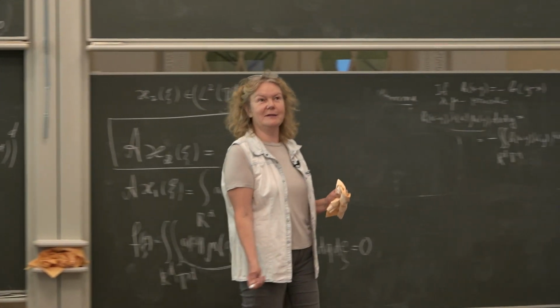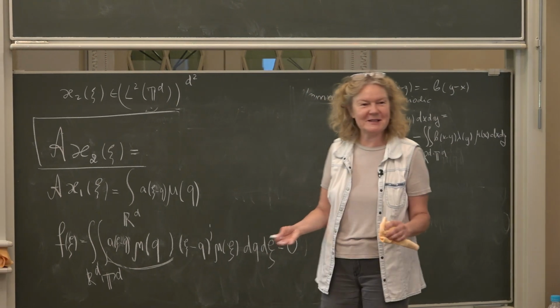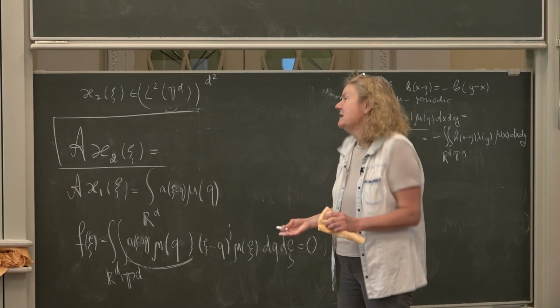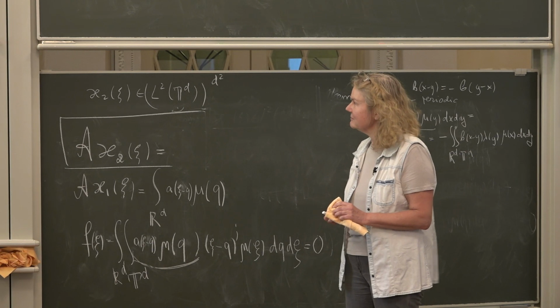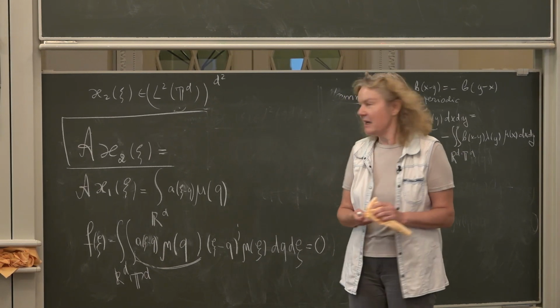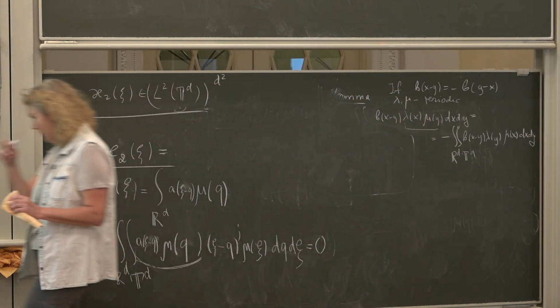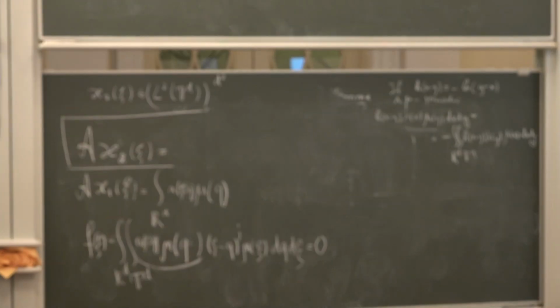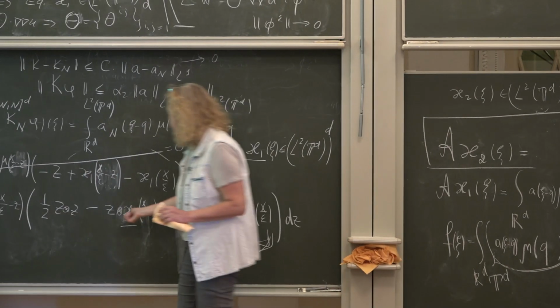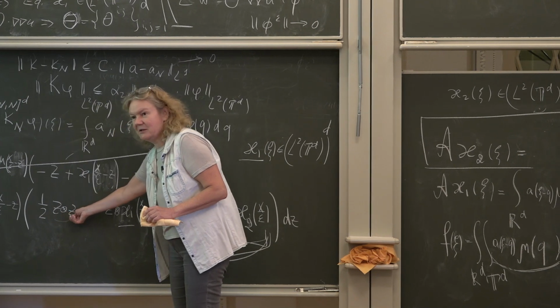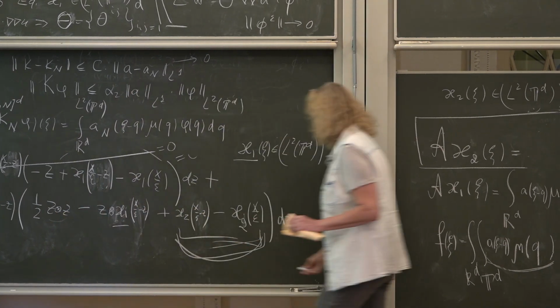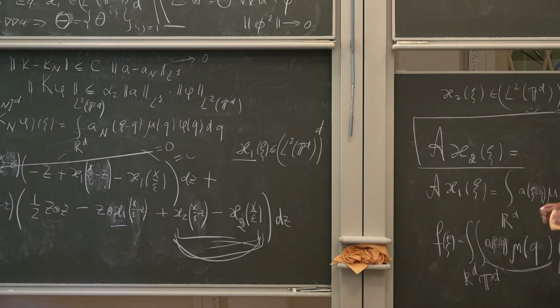It is not 0, because you see, here is a periodic function and here is a growing function, so they cannot compensate each other.